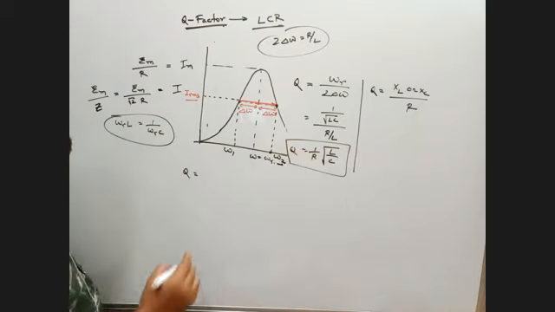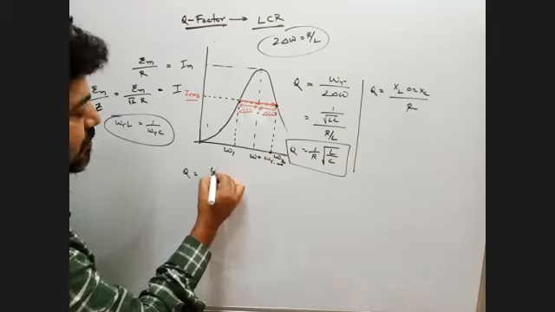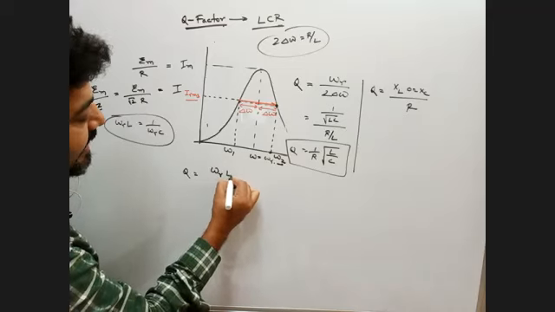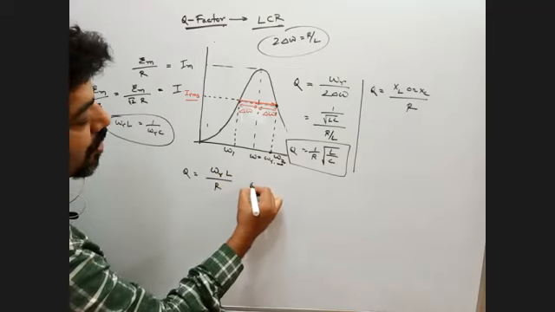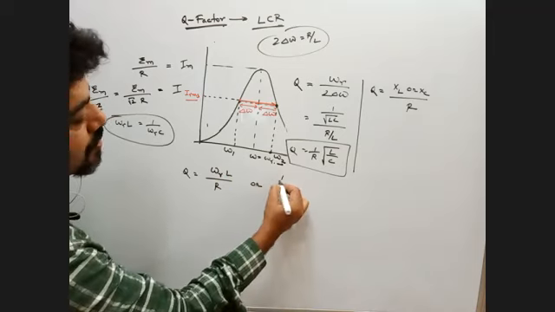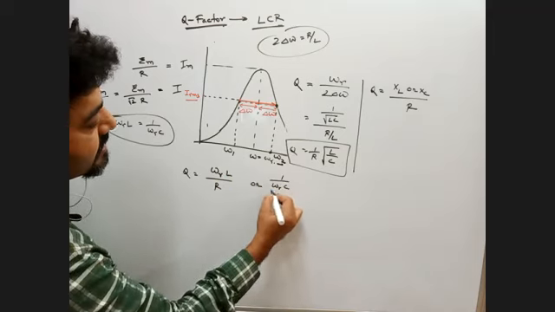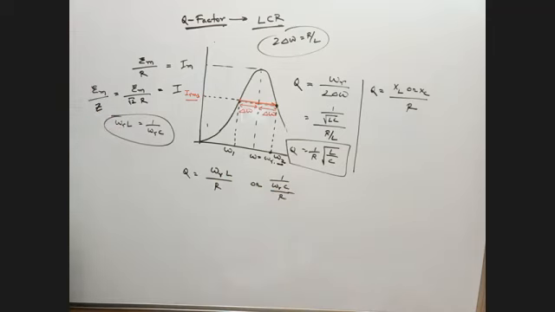Suppose we write XL, so we write omega R L by R, or if we write XC, 1 by omega R C by R, because that XL or XC is at the resonating frequency.